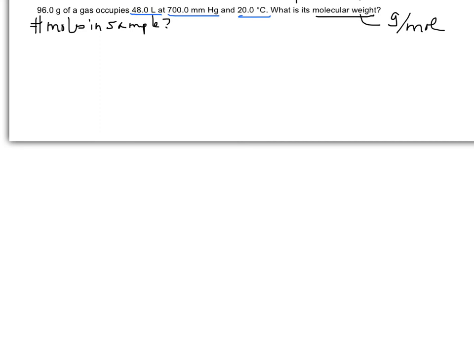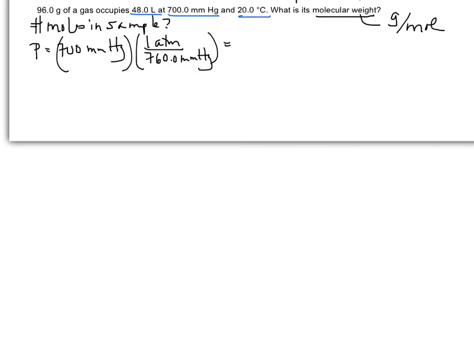I'm going to go ahead and do the conversions that I need to do first. So I'm going to say the pressure is 700 millimeters of mercury, and I know that in 1 atmosphere there are 760 millimeters of mercury. So that gives me 0.92105.